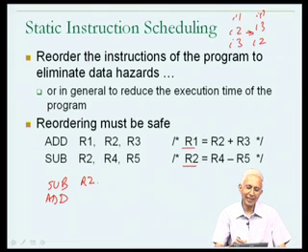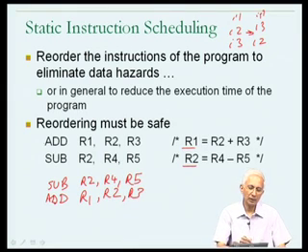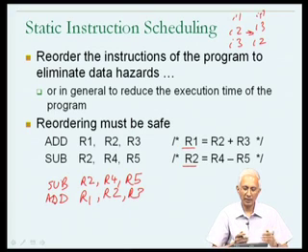The subtract instruction has as its destination R2, and if you look carefully, you will notice that the add instruction has as its source register R2. Therefore, if I were to rearrange these 2 instructions, I change the order of the add and the subtract, I come up with this sequence of instructions.